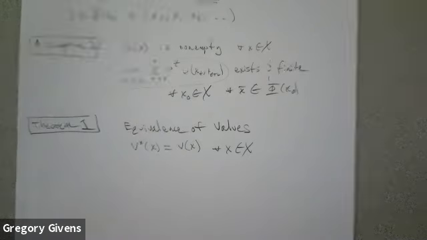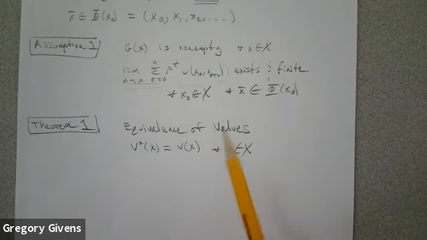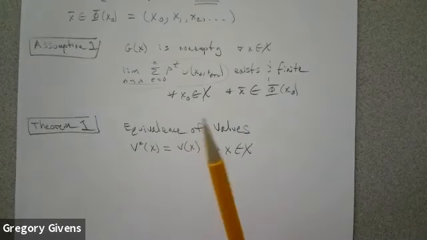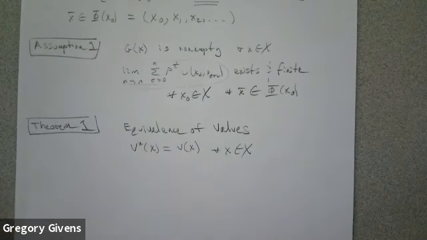The next theorem is going to establish an even more important result: that solutions to the sequence problem, that is the optimal plans, the x stars, also coincide with the solutions to the functional equation, or the Bellman equation. So Theorem 1 establishes the equivalence of the value function.